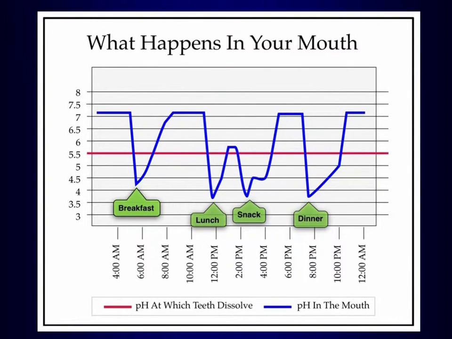Your mouth has a nice pH, you eat breakfast, the pH drops. The normal saliva carries away the debris, brings your pH back up. You go through the morning, you have lunch, you have a snack, then you have dinner, and every time you eat, your pH drops. But your saliva brings it back on up because it buffers.